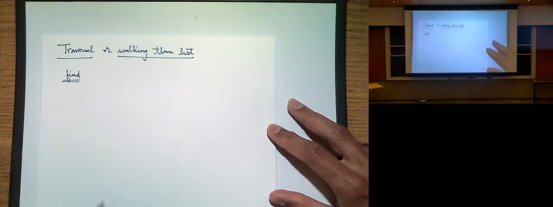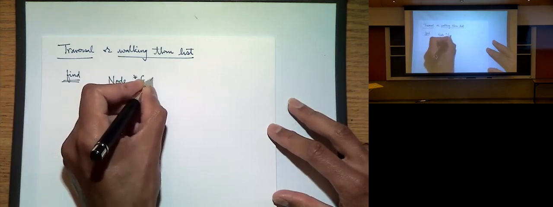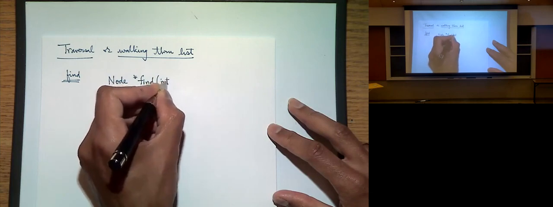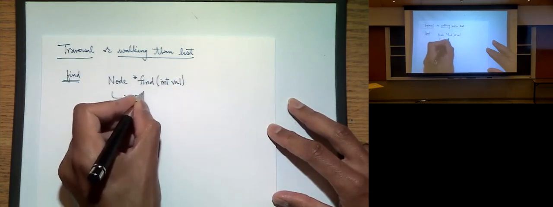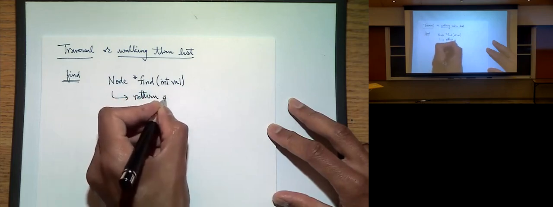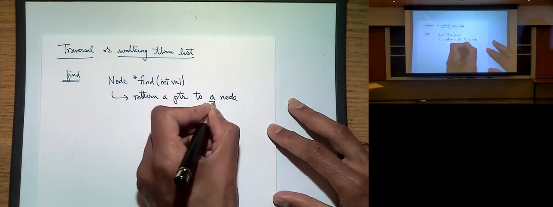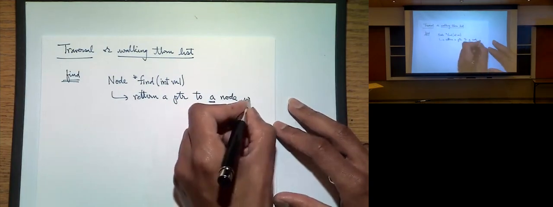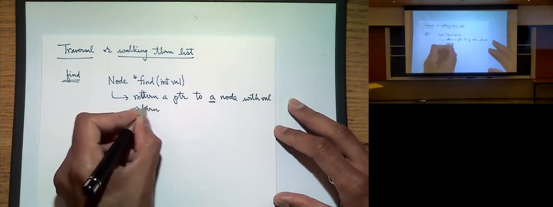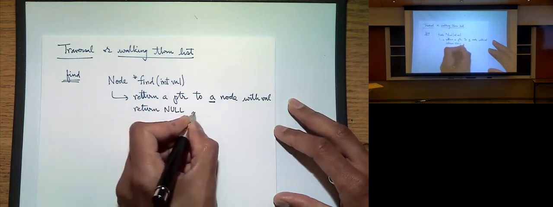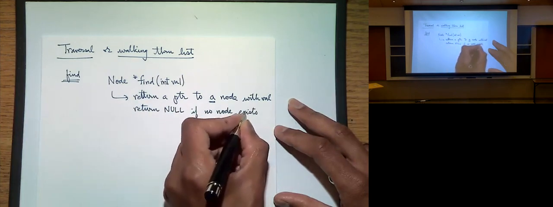Now I'm going to implement find to actually have a return type. What this is going to do is return a pointer to a node, some node with val, and it will return null if no node exists.